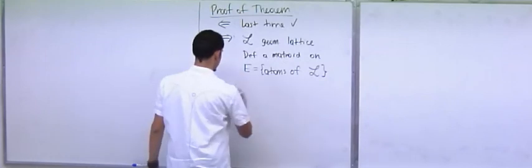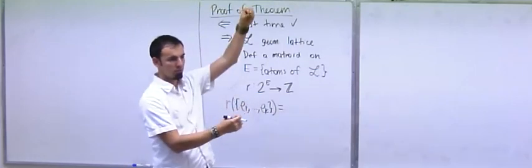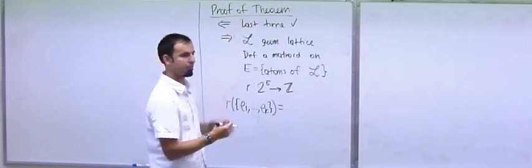And I'm going to specify the rank function. So the rank function is a function from the subsets of the atoms to the integers. So I'm going to define the rank of atoms E1 up to EK. You start with the atoms, and what you're going to do is just take the join and see how high you end up in your lattice.